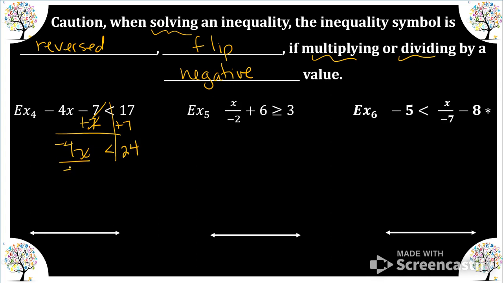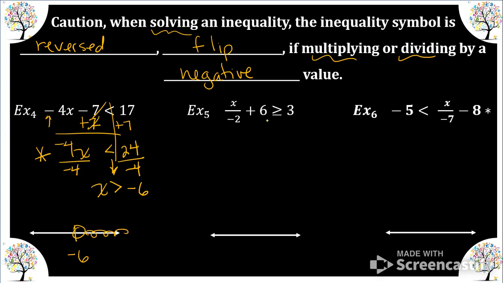We're dividing by a negative. So when we divide by a negative, or multiply by a negative, we reverse the inequality because negative means opposite of. And now we have negative 6 as our boundary number, and x is greater than that. So we had to reverse that because we divided by a negative value.